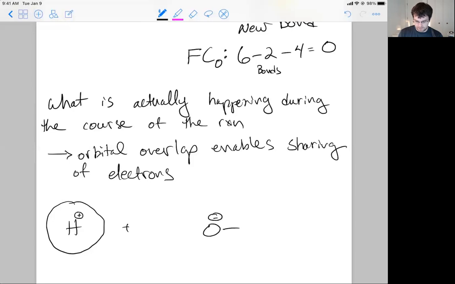Now, the oxygen, we can just draw the covalent bond to the other hydrogen as a line, but if we're going to show orbital overlap, let's consider our hybrid orbitals. This is an sp3 orbital with a lone pair. So we have an sp3 orbital with 2 dots for the 2 electrons.